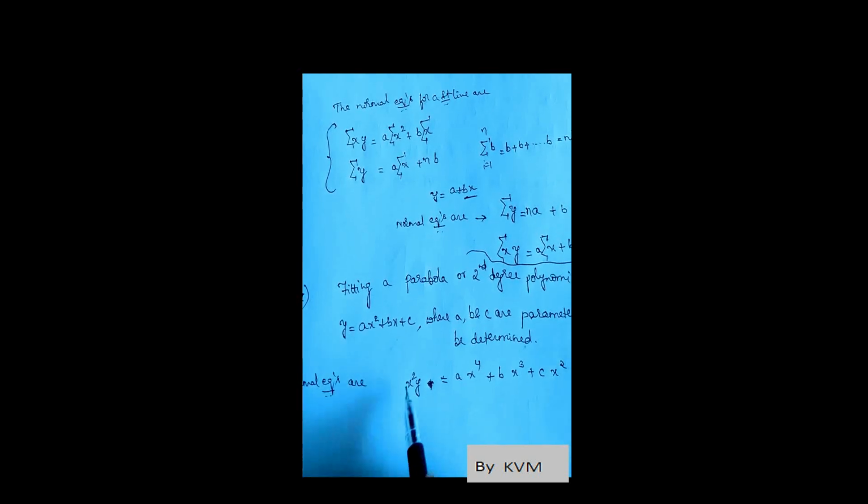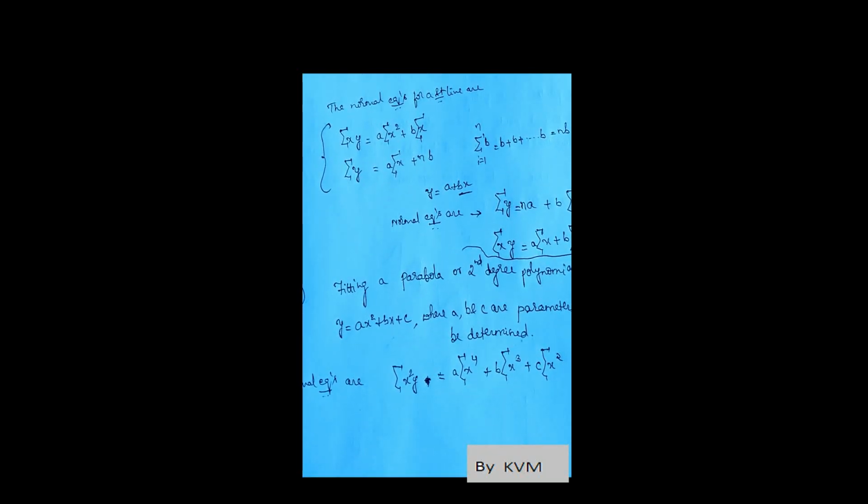Take sigma on both sides. So sigma x square y equals a into sigma x power 4 plus b into sigma x cube plus c into sigma x square.